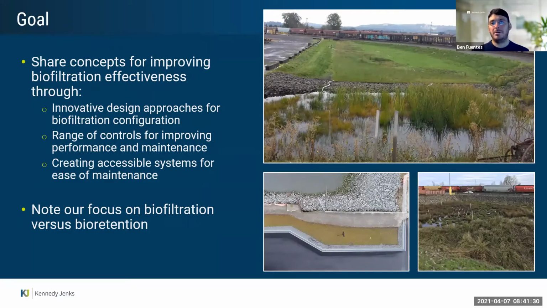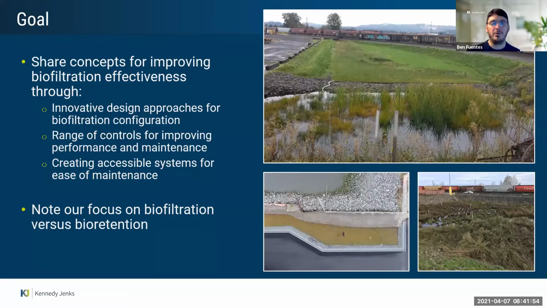We'll be talking about innovative ways to configure it, shape it, or stage the system. We'll also talk about a range of controls that could be incorporated to improve performance as well as facilitate maintenance. And then, further in discussion on maintenance, we'll talk about accessibility, lessons learned, things like that.